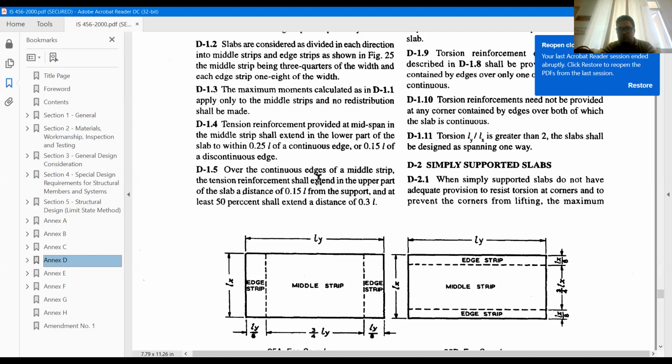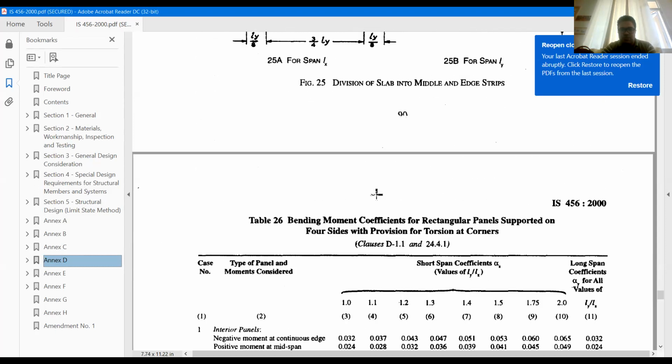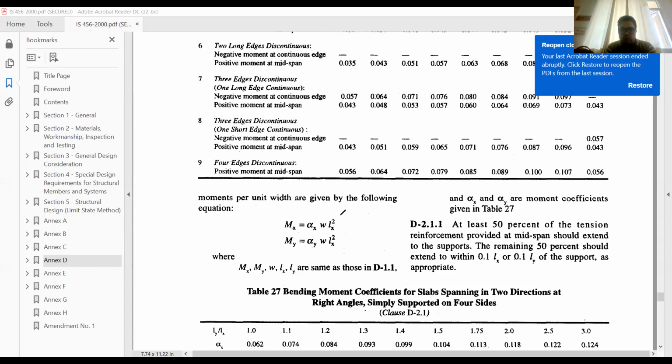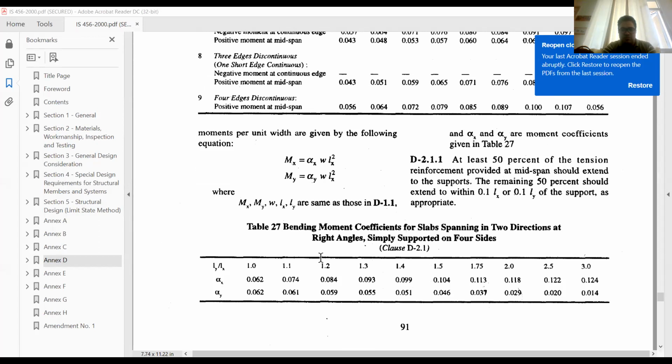Here, if you see this IS code, if we refer to this clause number D2, which is for the simply supported slab, here the formulas for bending moment along the x direction and along the y direction, we can directly find these formulas. And if we go below, we can find the table also. Using this table, we can find out the value of alpha x.